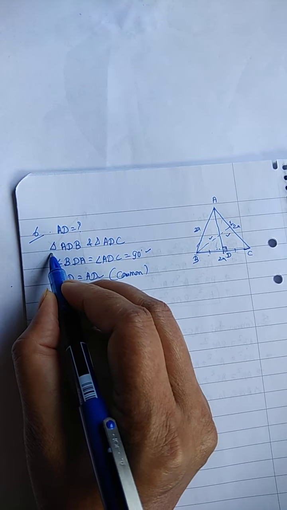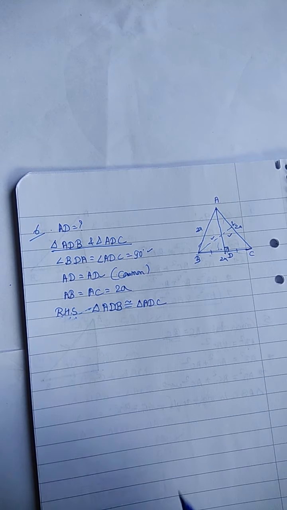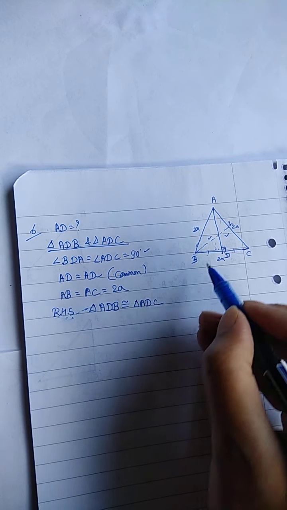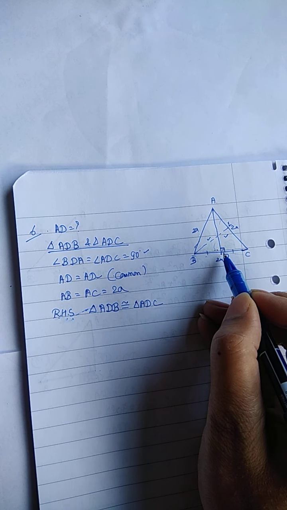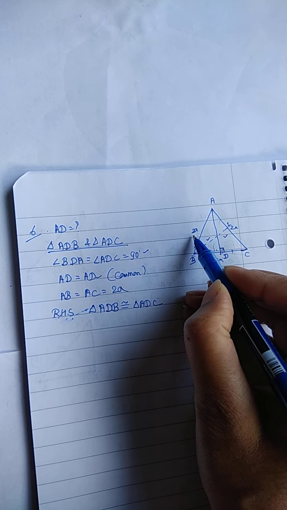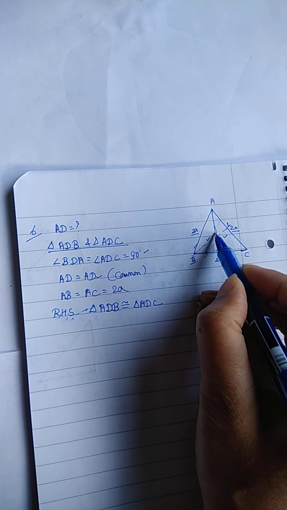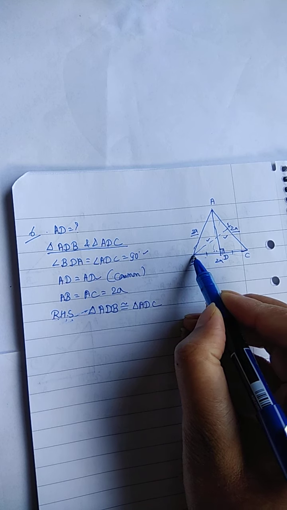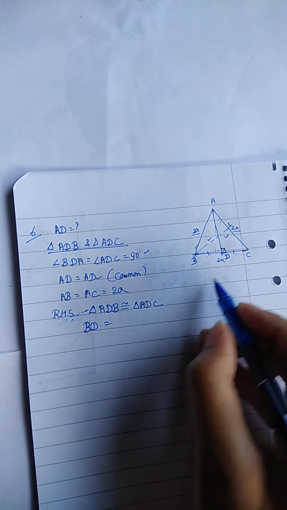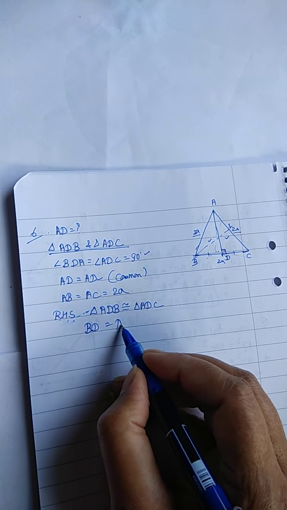Okay, so these two triangles are congruent. So what is the congruent property? If two triangles are congruent, the other corresponding sides will be equal. So this already is equal, this is common. So what is the third one? BD equals to, in this triangle, DC.